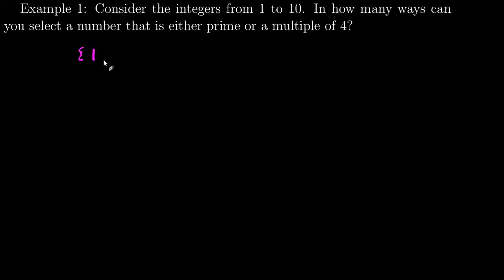I'll put it in set notation, but you could just write a list and still solve it equally well. Okay, so in this, we have a single thing happening. We're picking one number, but we're splitting into two separate, disjoint groups.